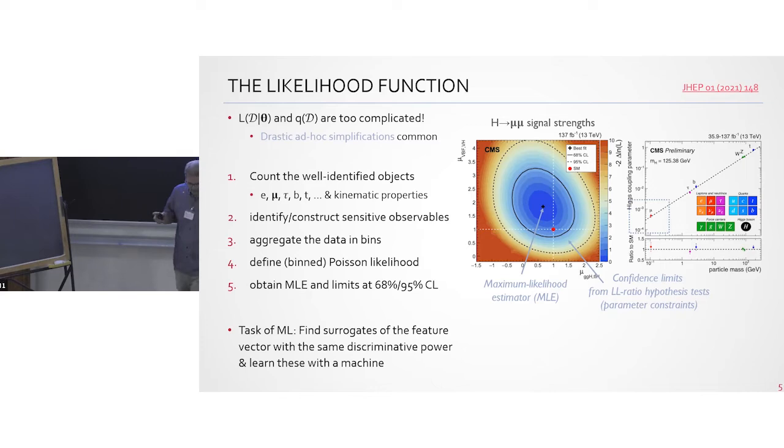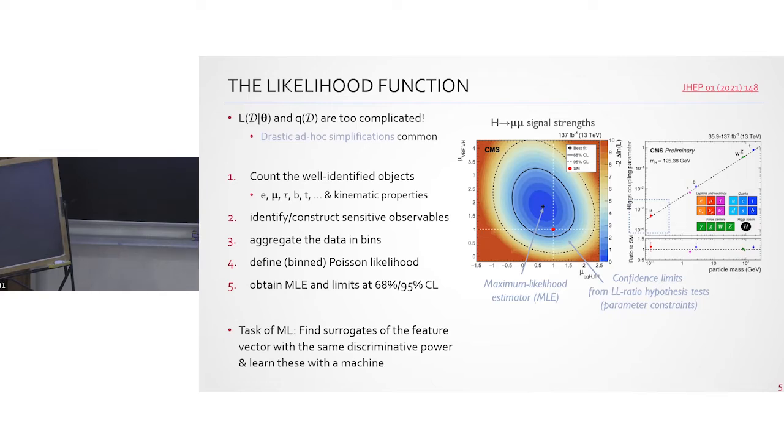So in traditional analysis, we make drastic ad hoc simplifications. We count some objects, we then take our model, identify some sensitive observables, can be an invariant mass or a transverse momentum. We aggregate the data in bins, we group the things.